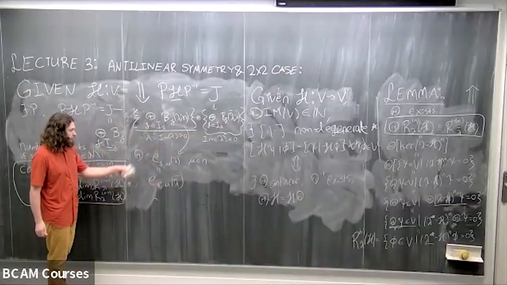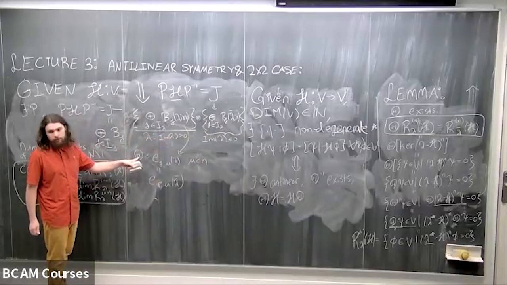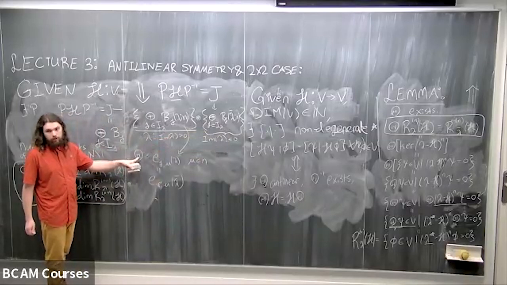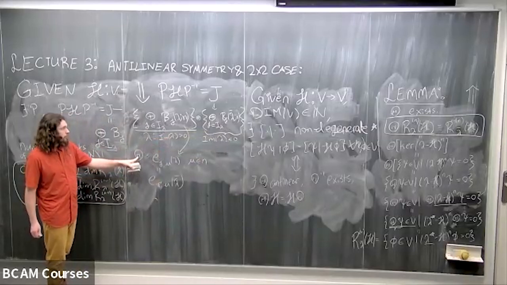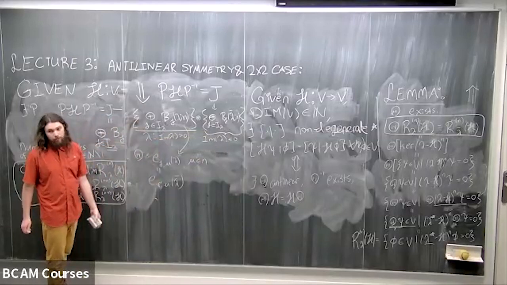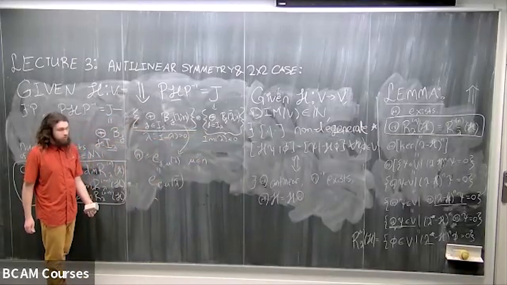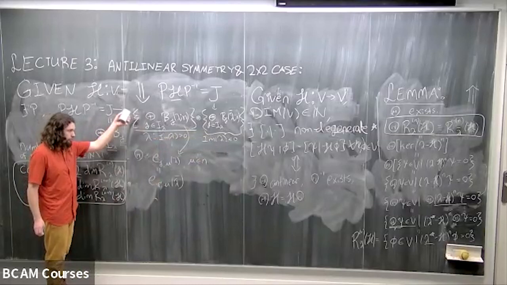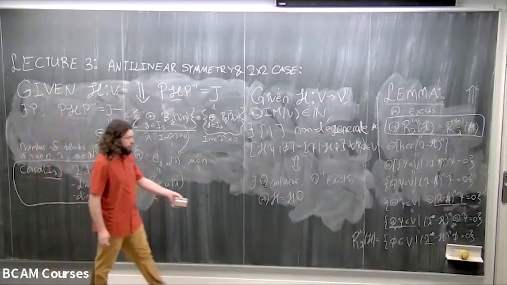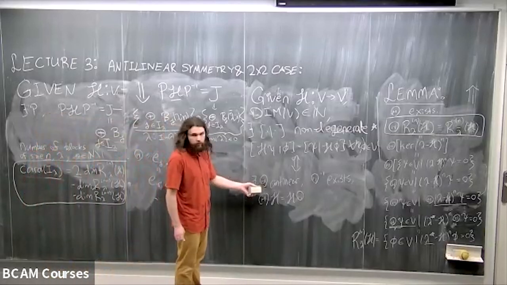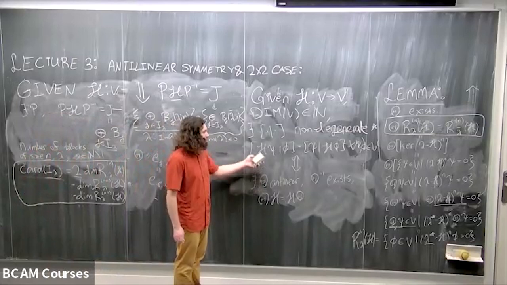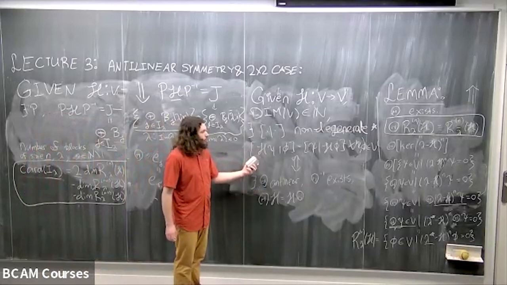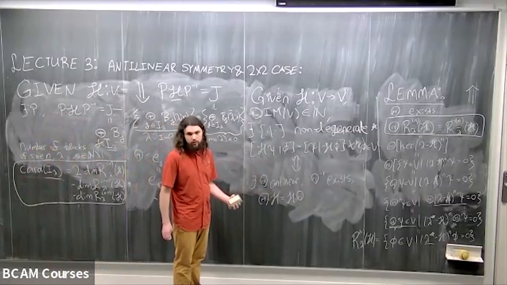And because the dimensions are the same, that gives us this thing being invertible. And then furthermore, you can show that this thing would commute with the Hamiltonian. Okay, so this is the strategy to prove the equivalence of the existence of an antilinear symmetry and the existence of a non-degenerate inner product making the operator symmetric. Is this clear?